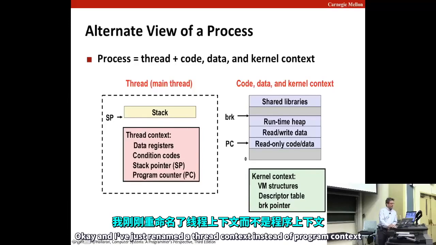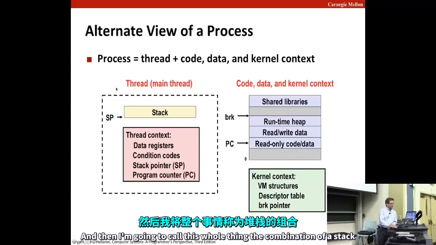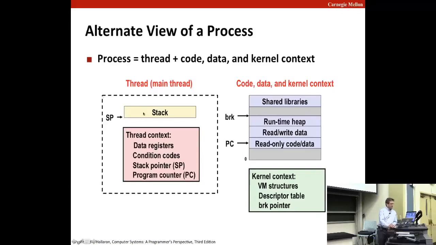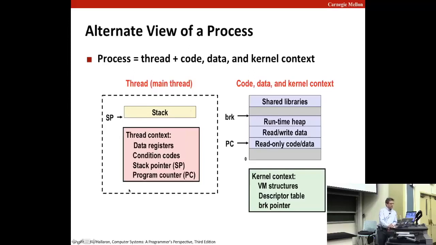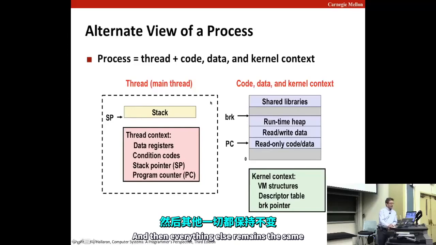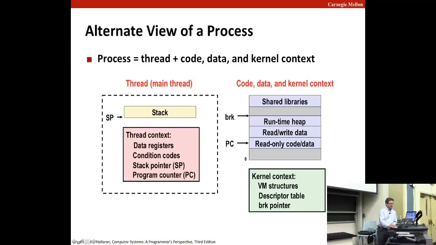I've just renamed it thread context instead of program context, but it's the same thing. And I'm going to call the combination of a stack and this thread context a thread. Everything else remains the same. We still have our code and data, and we have the kernel context.